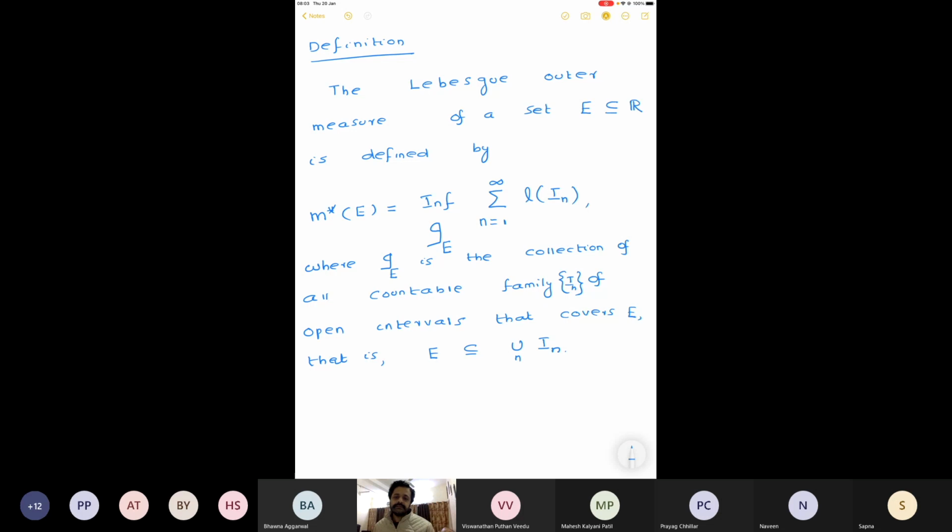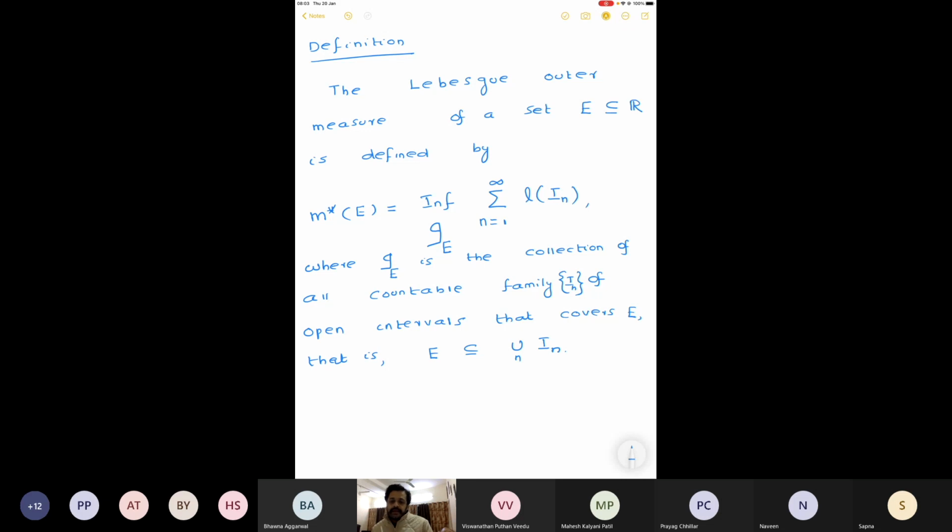You consider a countable family of open intervals whose union contains E. Find length of the interval in this collection and sum it. Now you vary this countable family and take the infimum.